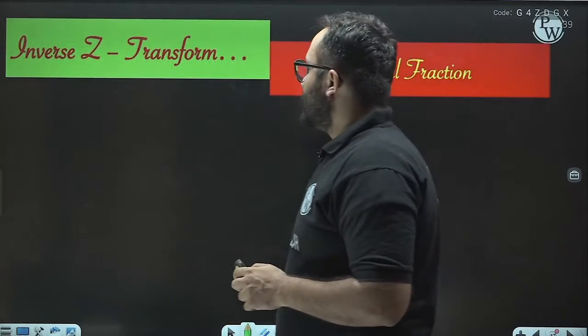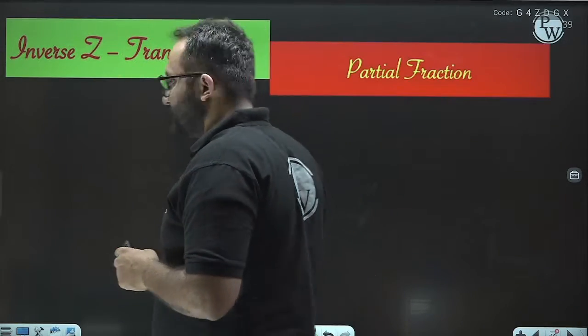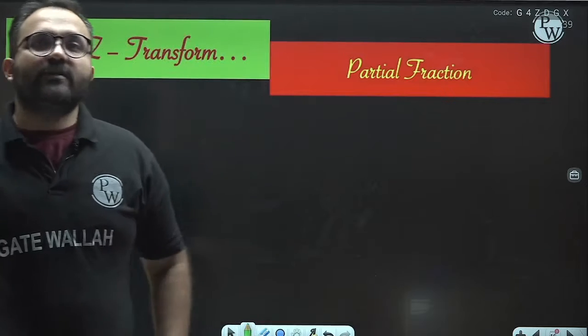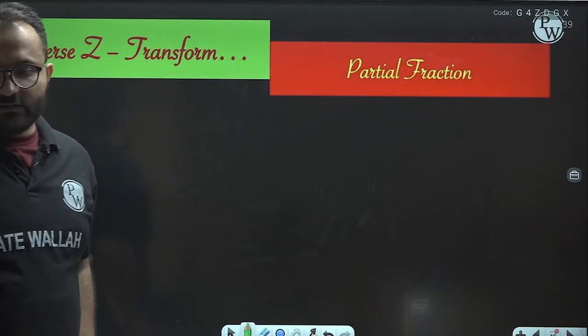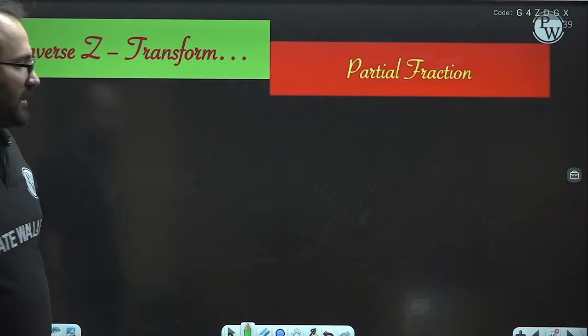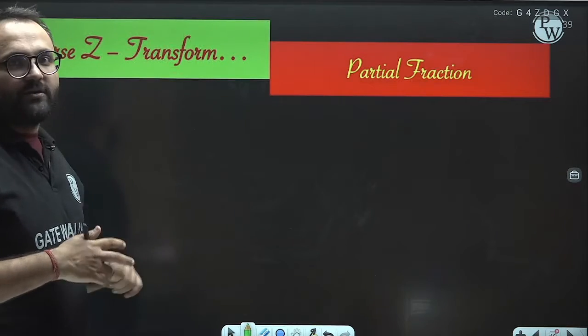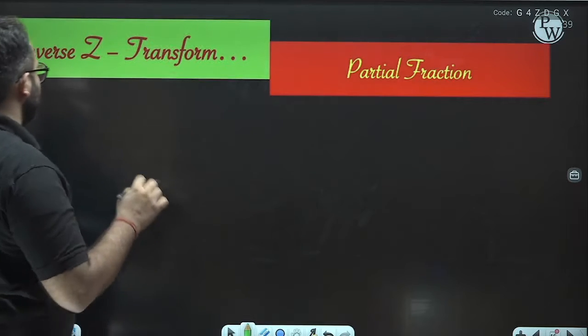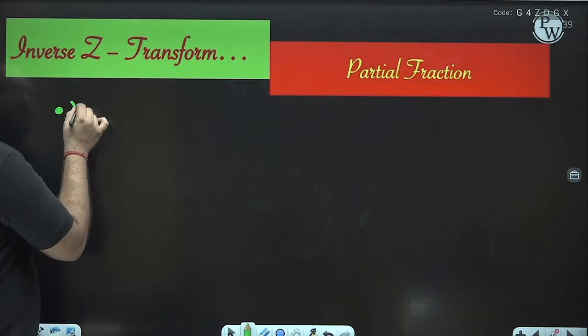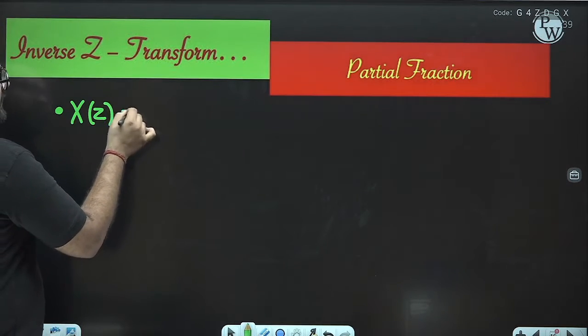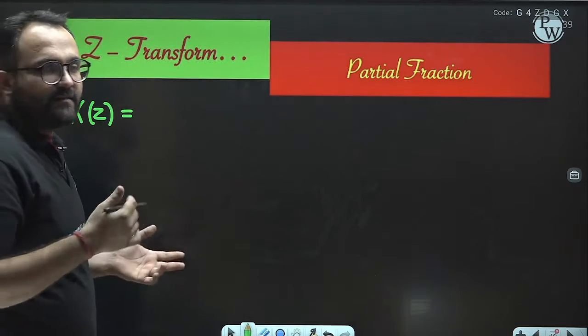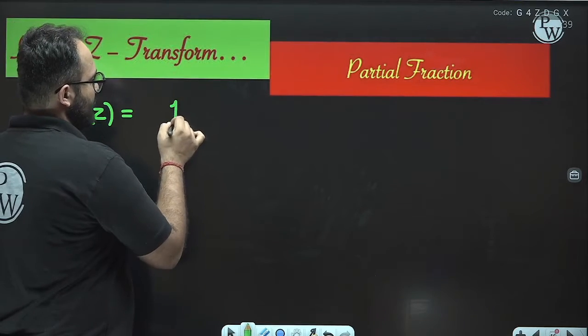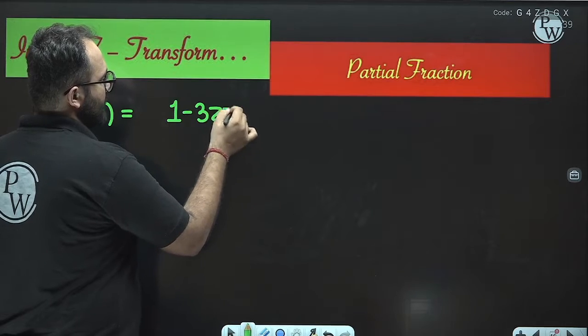Now let us see partial fractions, and we know how to find them. We have done that in the Laplace transform. Let me do one example for you, then things will be very clear. Generally X(z) is written in terms of z inverse.